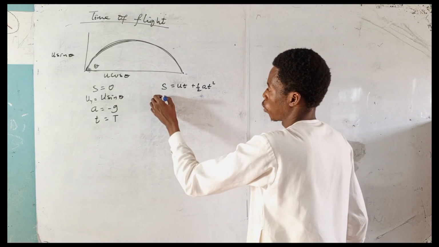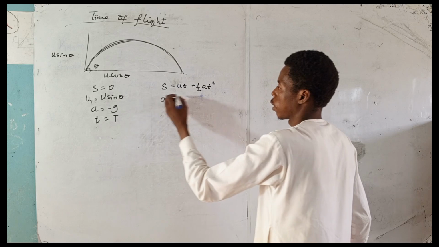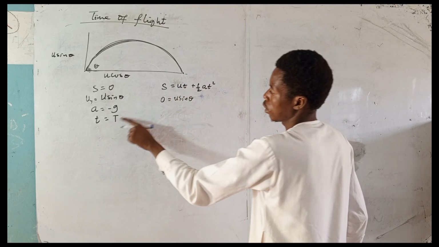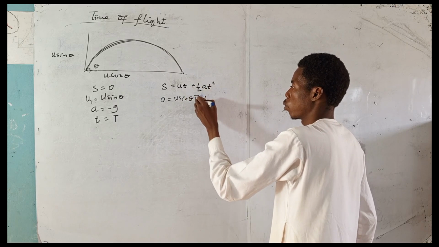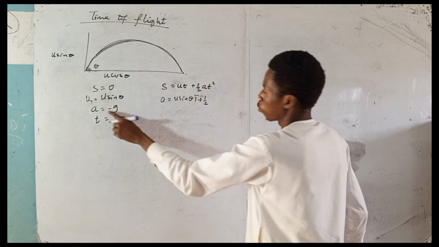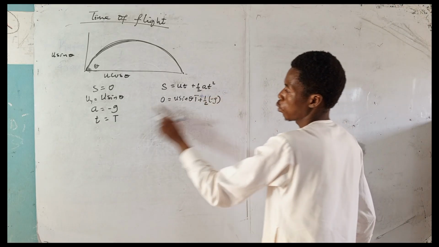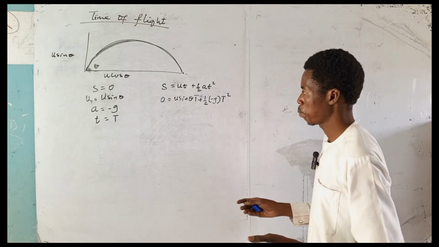s is 0. 0 equals u, which is u sine theta, and t is capital T, plus 1 over 2, then a equals minus g, and t equals capital T, t squared. So that's it.